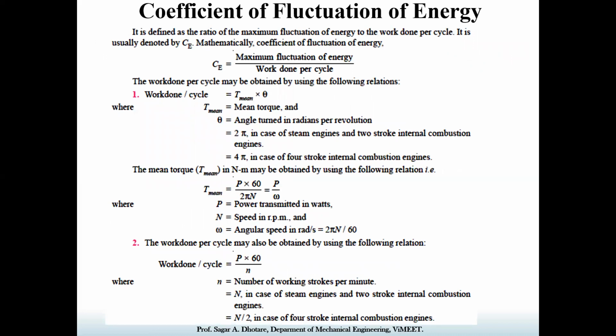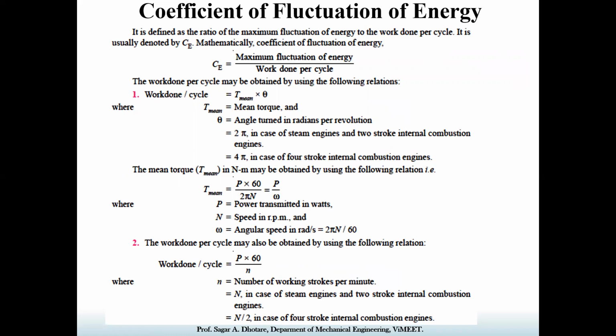Now the coefficient of fluctuation of energy is the ratio of the maximum fluctuation of energy to the work done per cycle, denoted by CE. The work done per cycle is equal to the mean torque developed multiplied by the angle turned in radians per revolution.